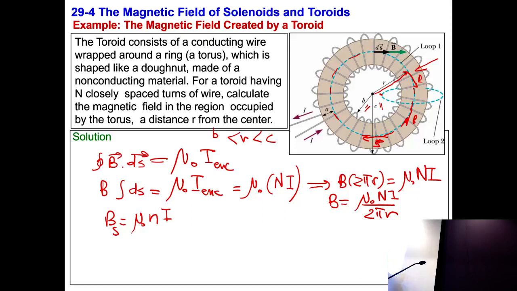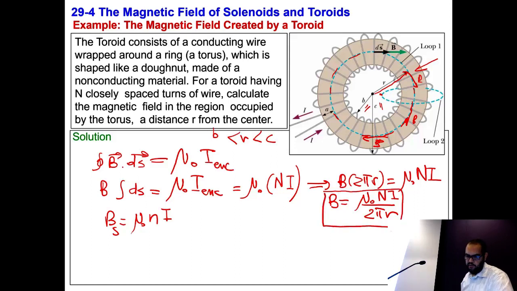So for small r the magnetic field is stronger, and for larger radius it is smaller. So the magnetic field inside the toroid is not uniform. It varies as 1 over r.